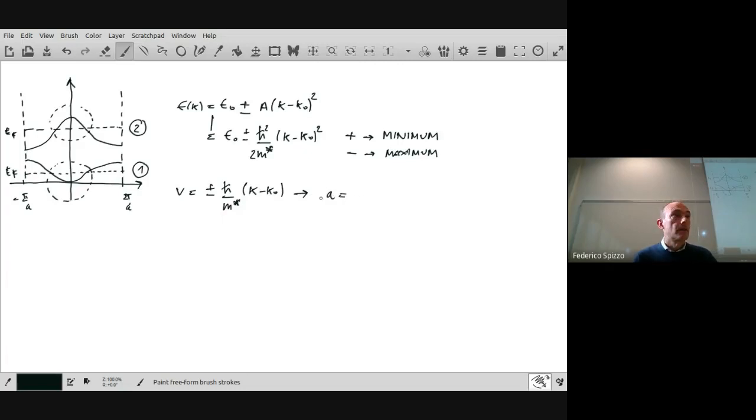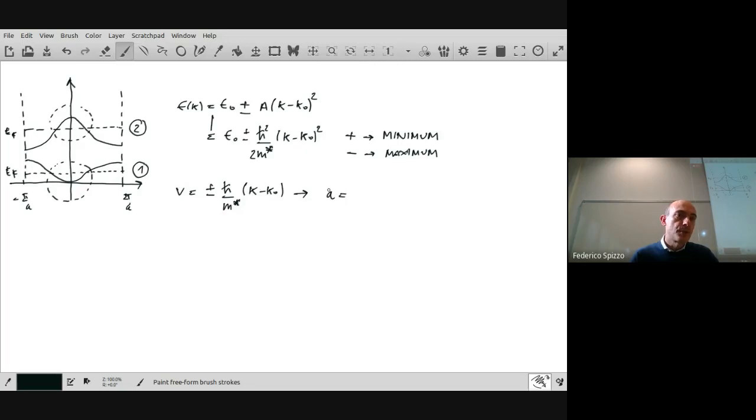Then if I want to evaluate the acceleration, there is something that I didn't tell you. It is true that here I have Bloch electrons. So in principle, I should consider the electrons not as free electrons, but as Bloch electrons.